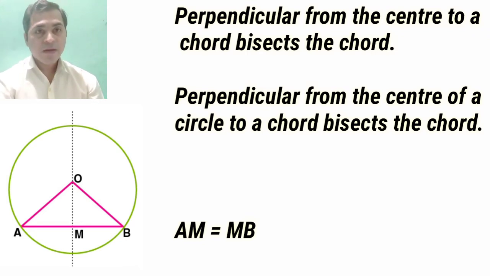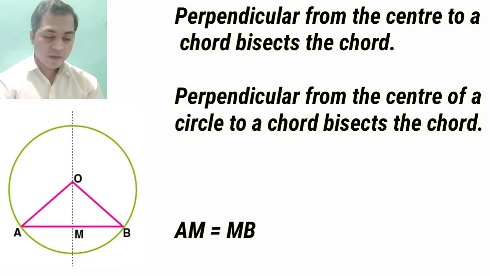It means the chord is divided by the line into two equal parts, so AM will be equal to BM. Is it clear students? Once again, line L passes through the center of the circle and divides the chord into two equal parts. This is the concept of this theorem.